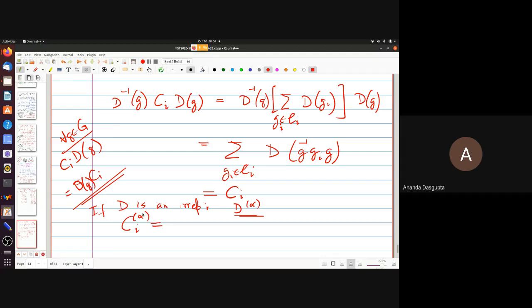And Ci alpha commutes with every matrix element corresponding to an irreducible representation. So Ci alpha must be a multiple of the identity. Of course, a d alpha dimensional identity. That is, if the dimensionality of the representation is small d alpha, the identity, of course, has to be a d alpha by d alpha matrix times a constant number. Not an, okay, let's not call it an eigenvalue, although I have written lambda specifically because it looks like an eigenvalue.